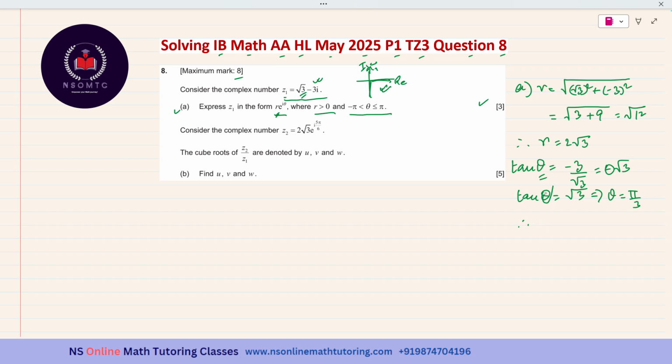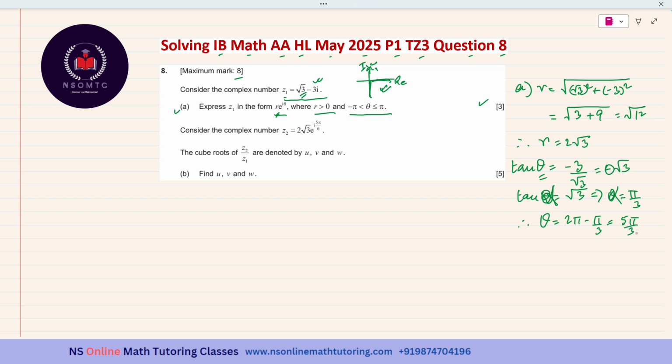Let me not write theta because it may be confusing. Tan alpha equals square root of 3, so alpha equals pi over 3. Therefore, theta will be equal to 2 pi minus pi over 3, because it is from the fourth quadrant, which is 6 pi over 3 minus pi over 3, that is 5 pi over 3.